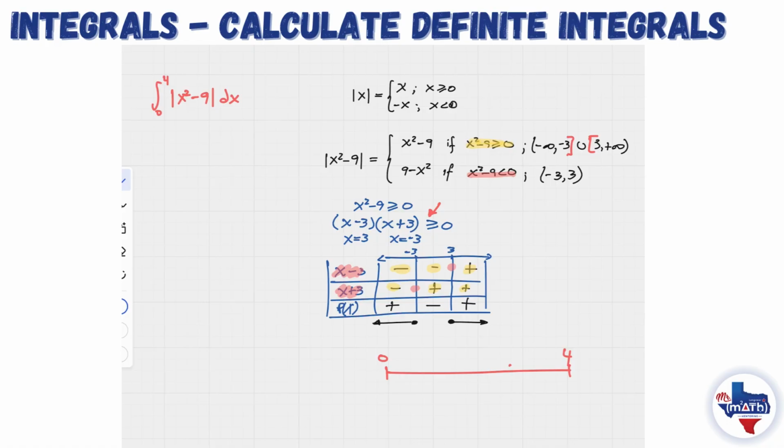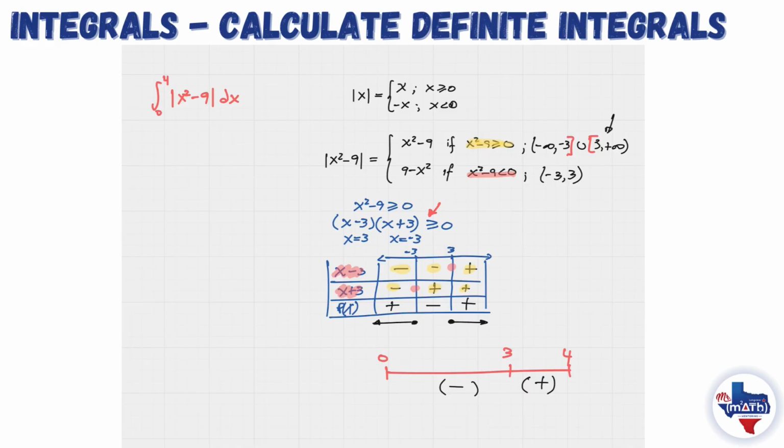We know that from negative 3 to 3 should be the negative behavior. And from 3 to 4, which is landing in the 3 to positive infinity, that should be a positive behavior. Okay, we need to reshape our integral, and then we'll solve from there.